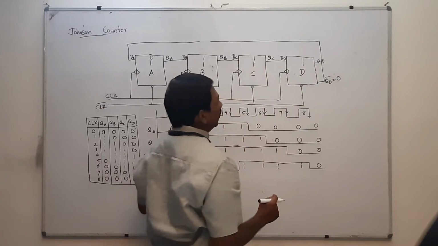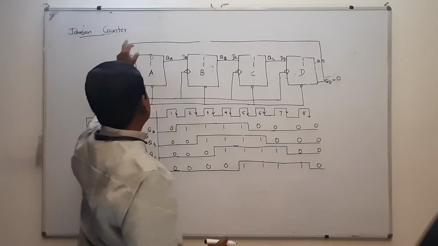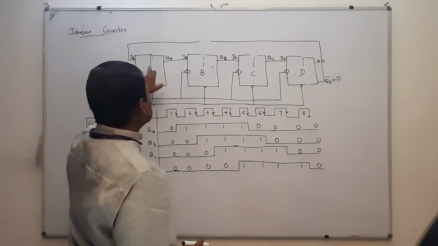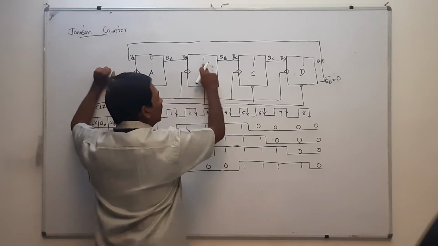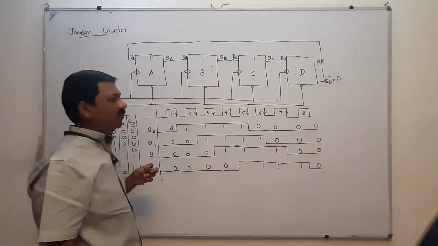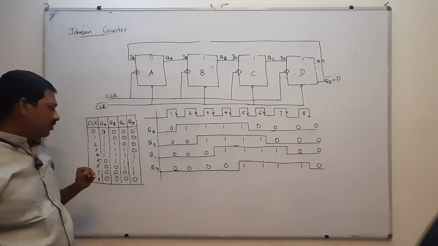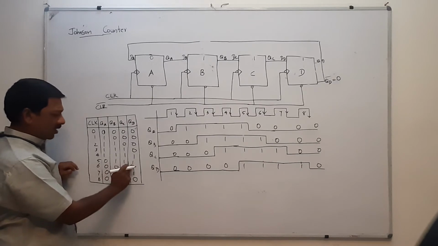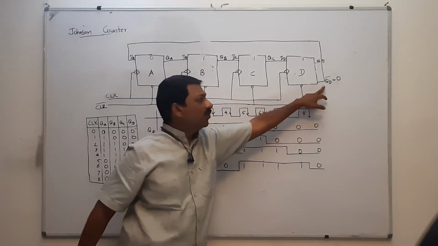And QD bar is equal to 0, so this one is replaced by 0. So now these are the contents of the 4 flip-flops: 0 1 1 1, and again QD bar is equal to 0.